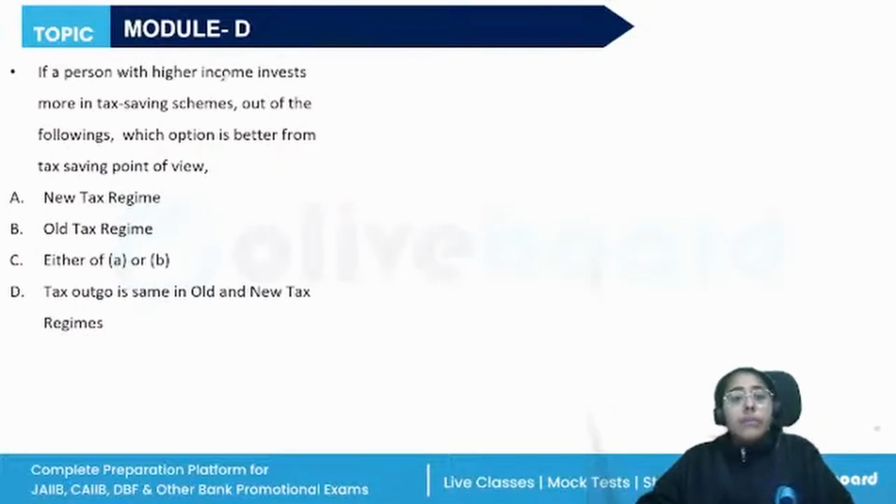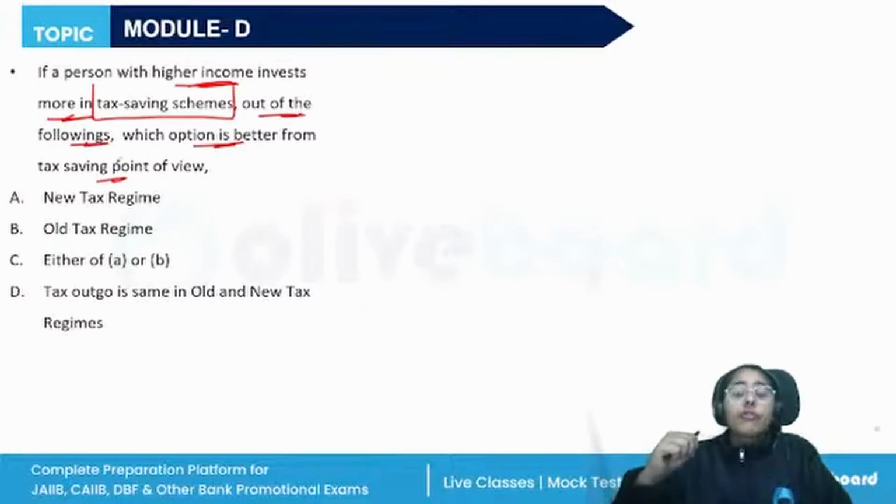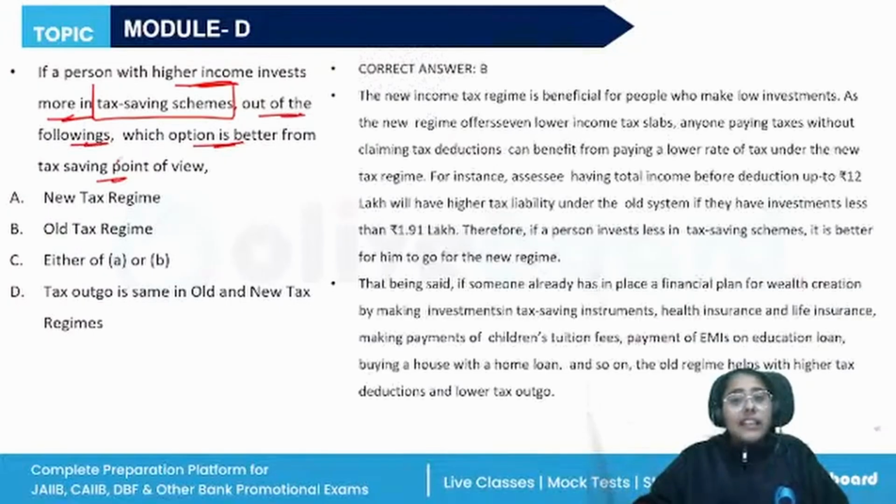Next, if a person with higher income invests more in tax saving schemes, out of the following, which option is better? So here we are talking about whether one should choose the new tax regime or the old tax regime, right? So if they are investing their income in more tax saving schemes, they should choose the old tax regime.